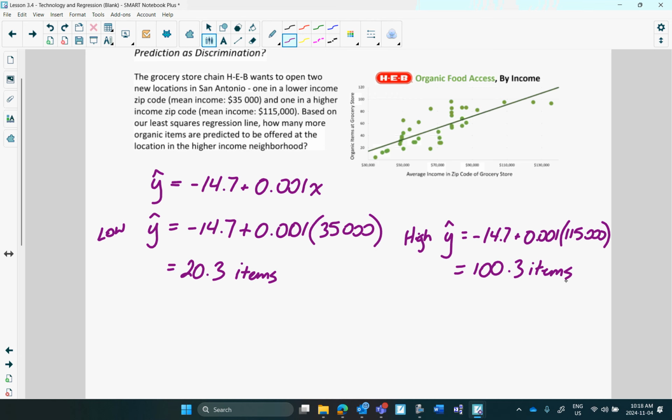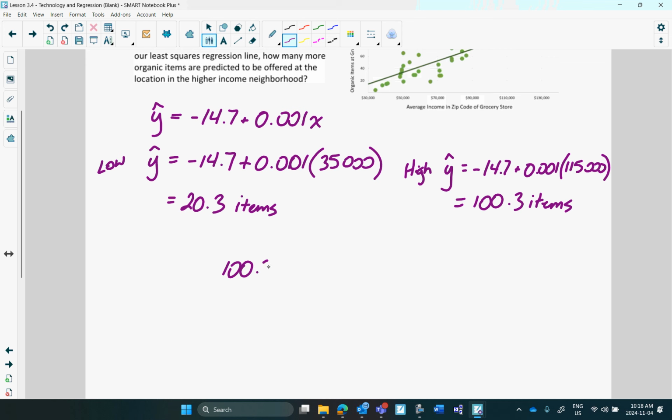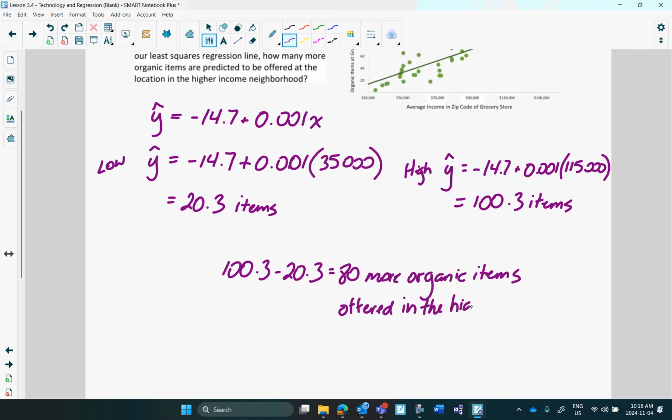So we can see, obviously, the store that's in the high income area is going to offer a lot more organic items, 80 more organic items offered in the high income area. Quite a discrimination.